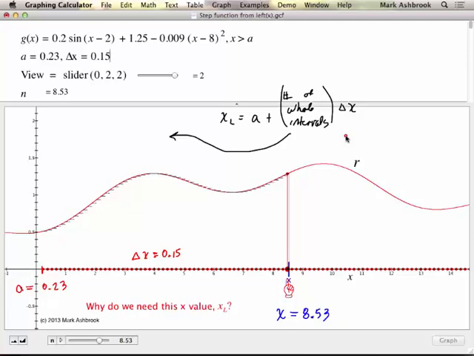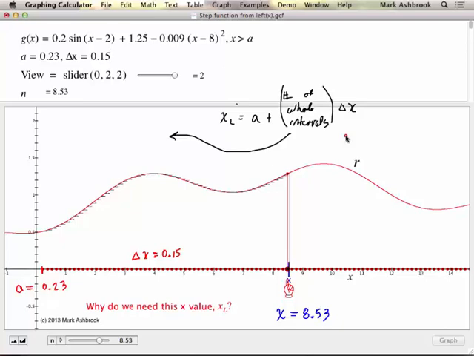What if delta x was 0.05 and we're out at 50? It's very impractical to count, especially if delta x gets even smaller.